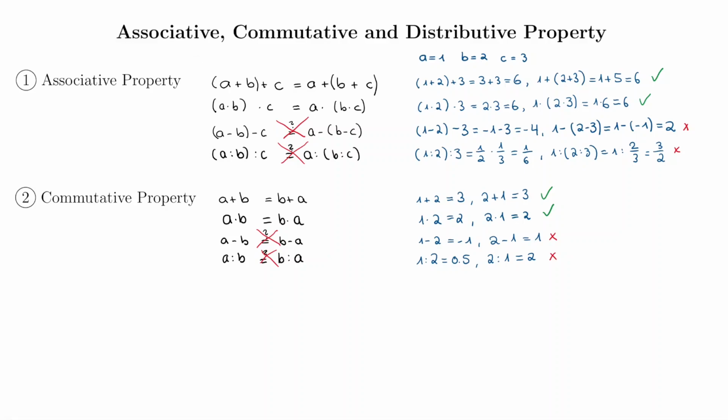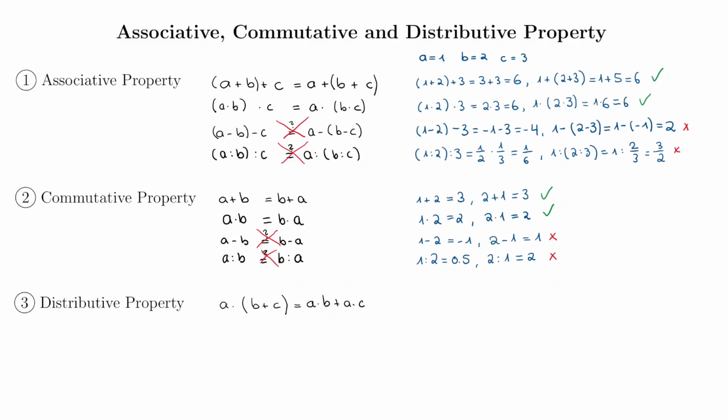Let's continue with the third property, with the distributive property. So what does the distributive property tell us? The distributive property tells us if we have something like A times opening bracket B plus C, this is the same as A times B plus A times C. We have seen that here on the channel several times.